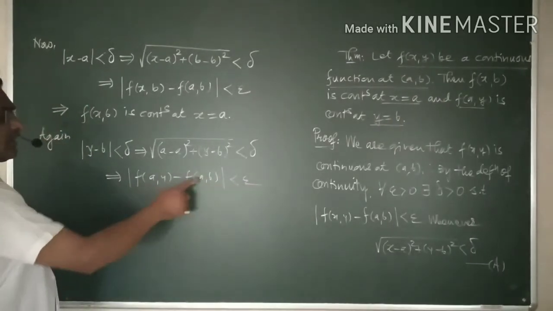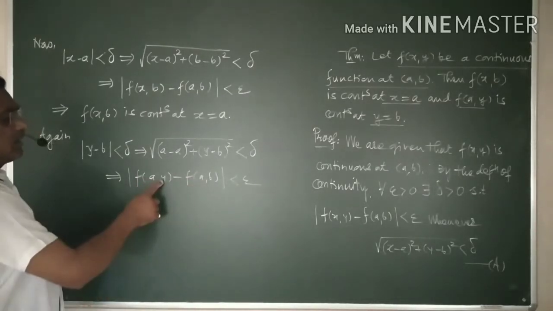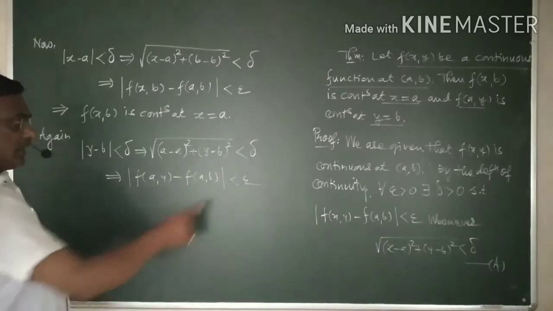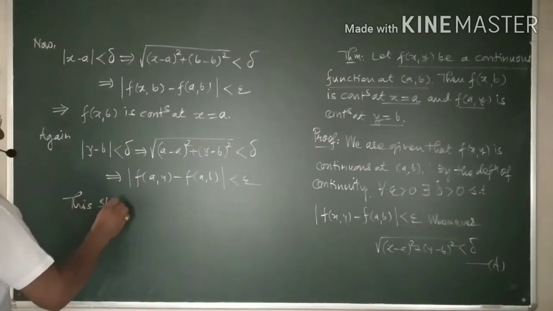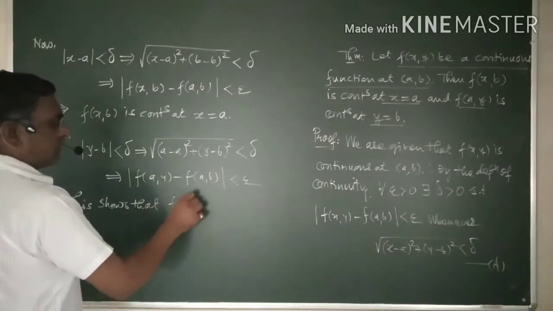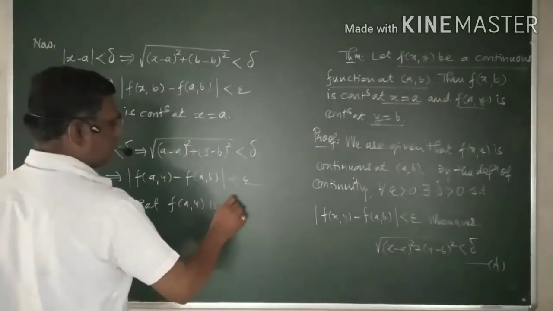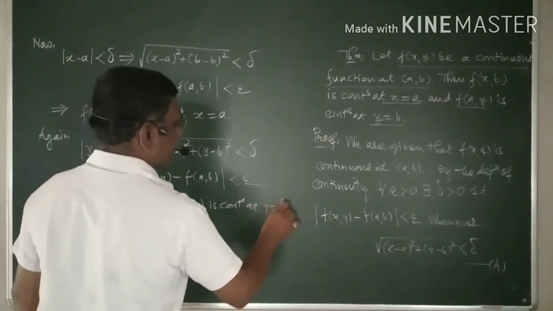It means we are now considering x constant, that x is equal to a, and here y and b. And if this is there, this shows that f of a, y is continuous at y is equal to b.